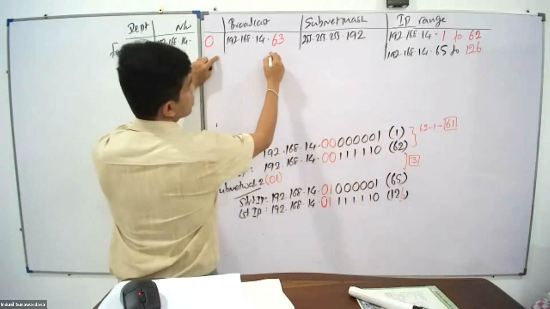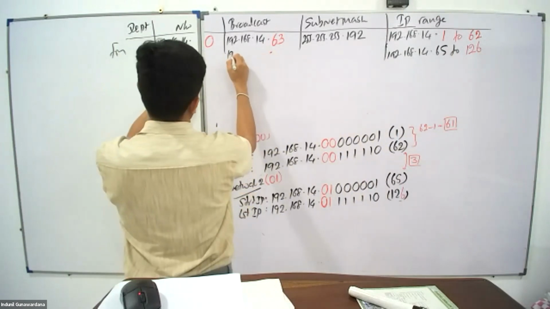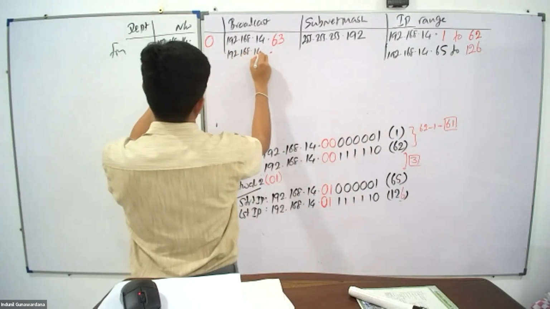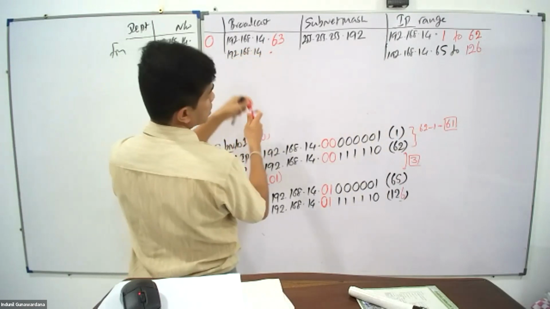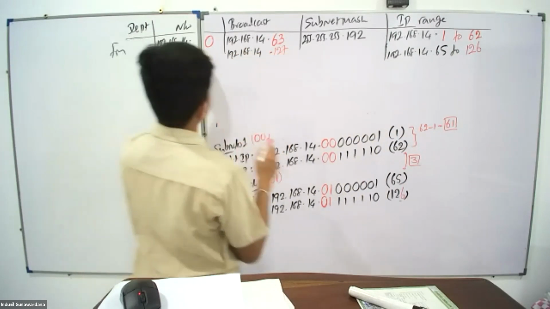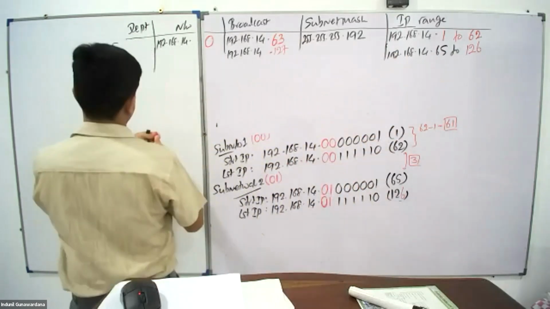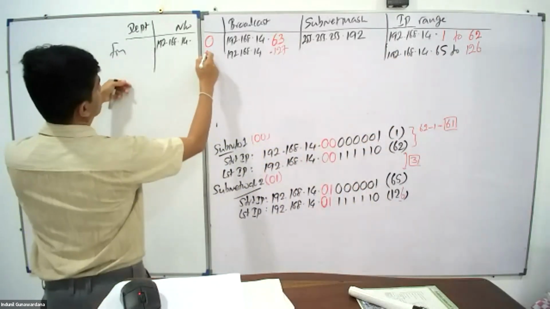Then the broadcast address is going to be 127. 192.168.14. Broadcast is one more than the highest, 127. And network address is one less than the start, so 65, now 64. It's going to be 64.